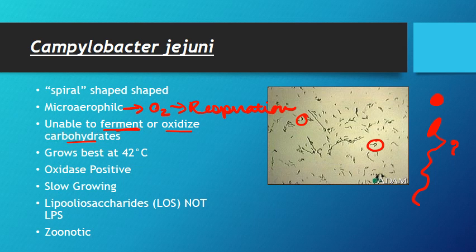Technically, these are considered small motile gram-negative rods, and they're actually really, really small. They are technically filterable, which is typically something that we reserve for viruses, to give you kind of an idea of how small they are. They can fit through a 0.45 micrometer filter, while other bacteria would certainly be withheld by that.